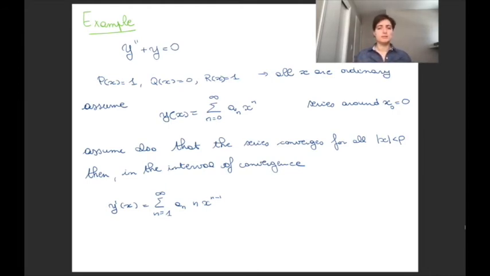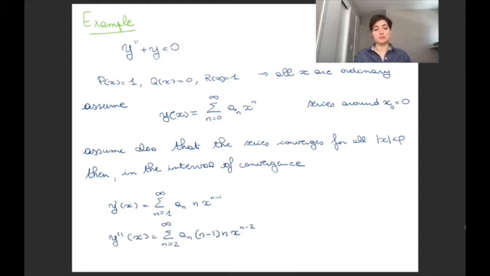You might notice that we have changed the bounds from 0 to infinity. Now we have n from 1 to infinity. Why? Well, because the 0th order term, that is just a0 times nothing. The derivative of that with respect to x is 0. So we have lost the 0th order term.